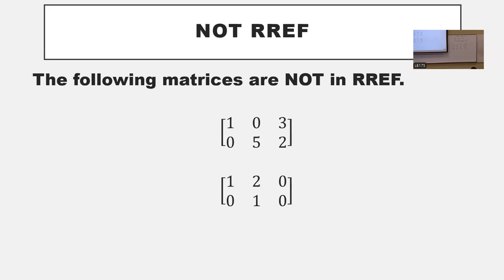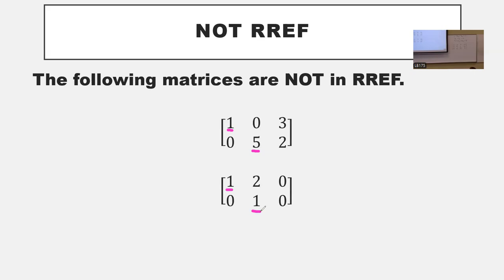Here are a couple of matrices that are not in row reduced echelon form. This first one is not in row reduced echelon form because that 5 is in a pivot position, but it's not the number 1. I need to turn that 5 into a 1. This second one is not row reduced echelon form.